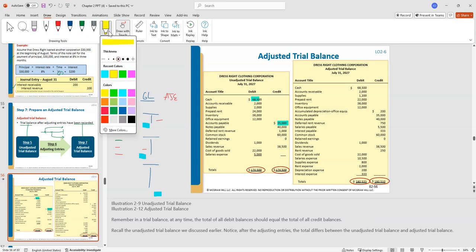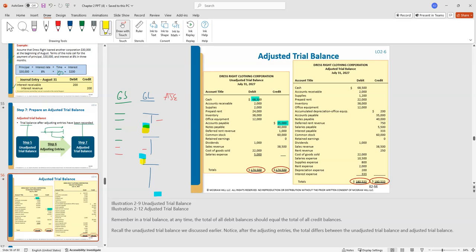We're going to have updated ending balances. We'll transfer those over along with all the other accounts on there. This will give us, we go from our unadjusted, we make our AJEs, to our adjusted trial balance. And again, we'll have all of our assets, our liabilities, our stockholders' equity, our revenues and expenses on here. And when you foot them, they should equal each other.